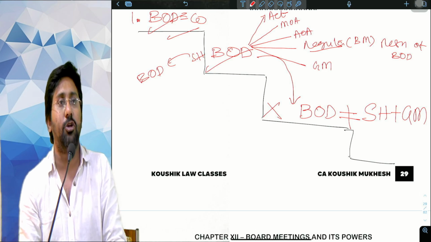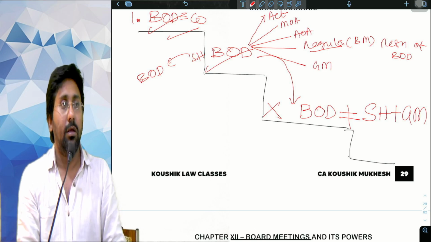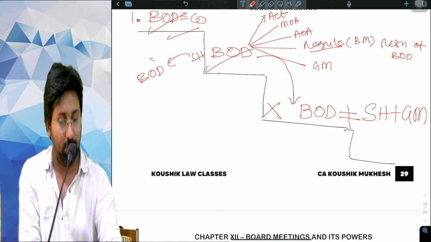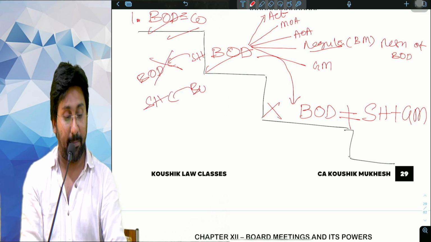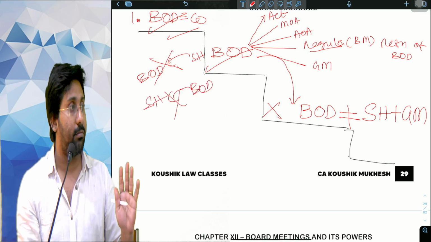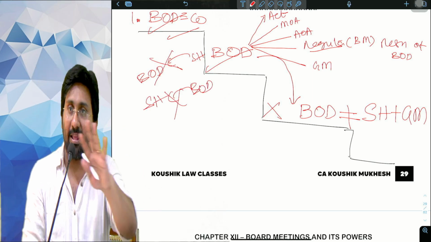Approval of buyback should be given by? Approval of dividend. Can the board directly do that? No. Likewise, shareholders also can't take away the powers of the board of directors.